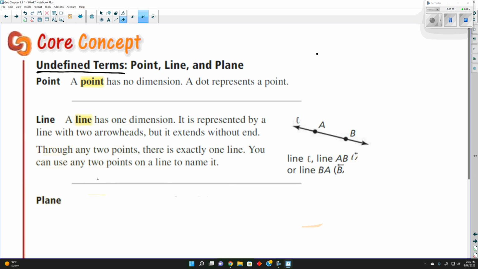It is represented by a line with two arrowheads, but it extends without end. So realistically, can we draw a line? No, because it's going to keep going on forever and ever. No matter how long I extend it out in both directions, it will continue to extend without end. So just like a point, I can't create a point. I can't really fully create a line. But we do draw arrows with an understanding that it will continue without end.